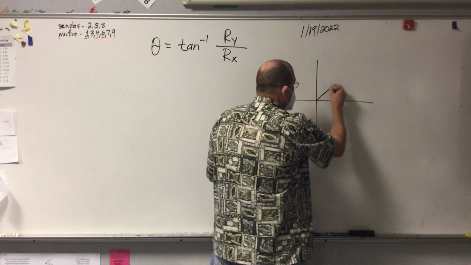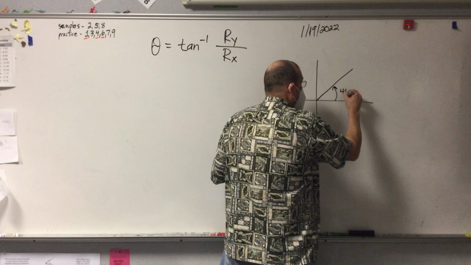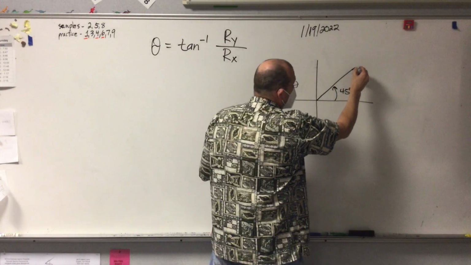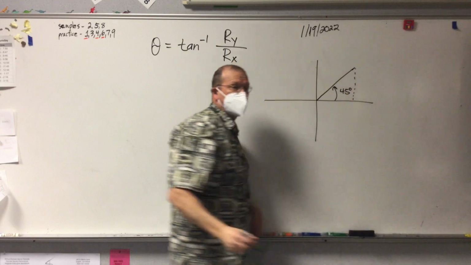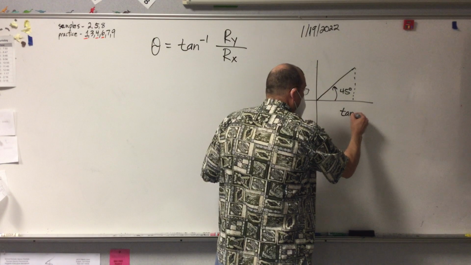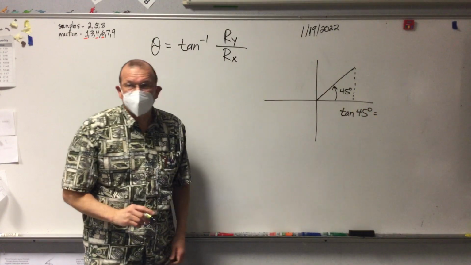So if I have a 45-degree angle, and usually in math they won't do this in terms of vectors, they'll just do it in terms of triangles, what is the value of that?